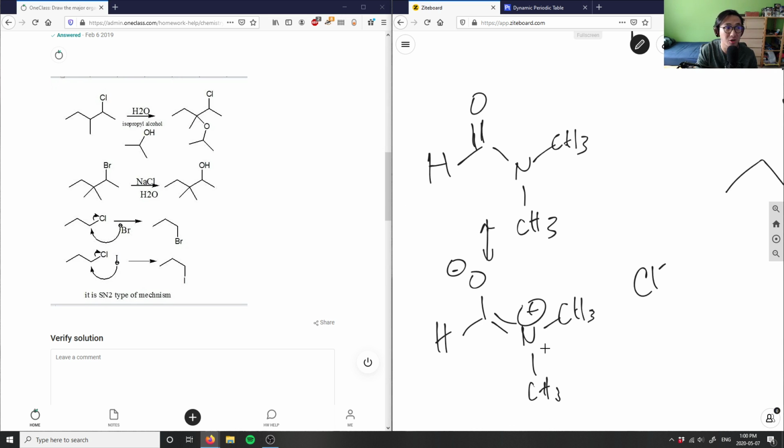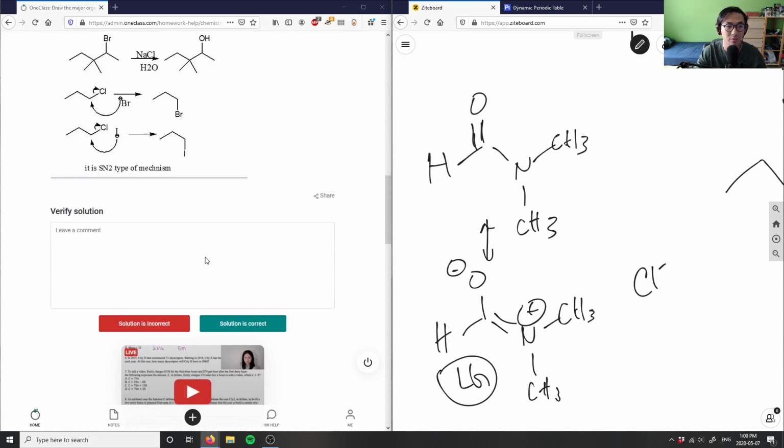This is a very, very good leaving group. Again, it's very, very big, so it's not as stable here. Bromine can kick it out and make it a good leaving group. So this here would be a correct solution. So I'm just going to write here: solutions are correct except the second question.